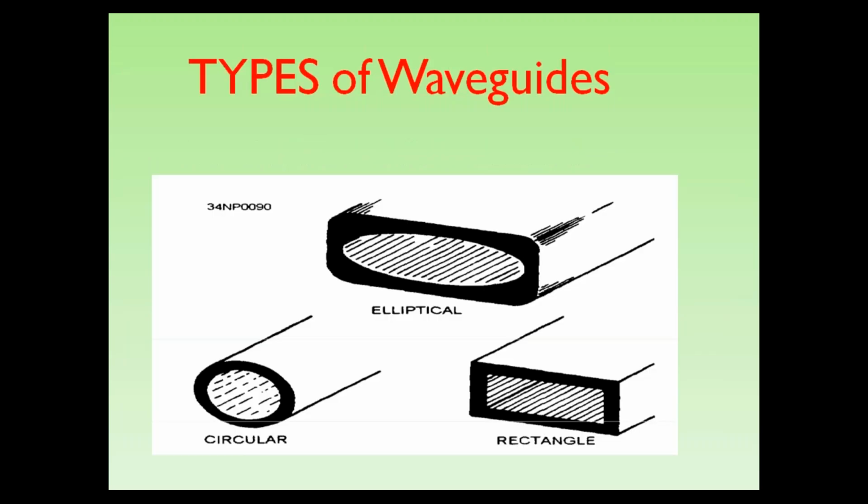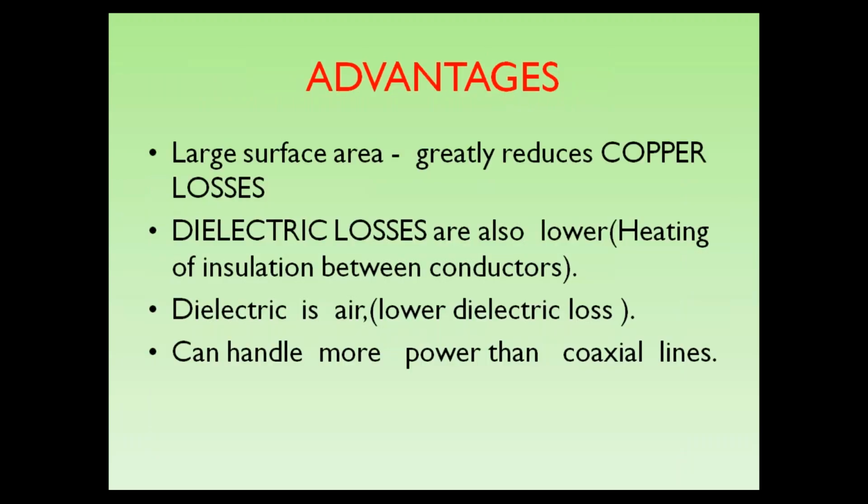I will show you the different types of waveguides. You can see the circular waveguide, hollow in nature, the elliptical waveguide, hollow in nature, and the rectangular waveguide, hollow in nature. The advantages are that, due to the larger surface area, the copper loss can be reduced. We can handle more power compared to the coaxial cable.